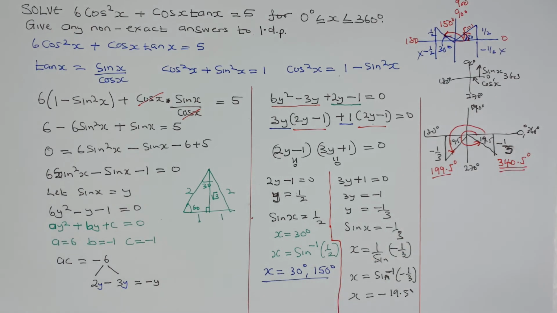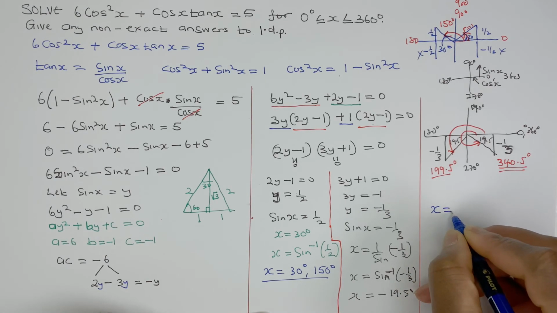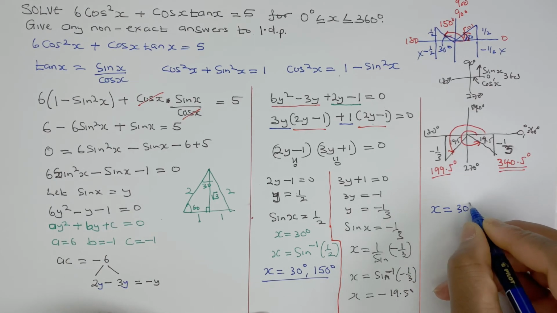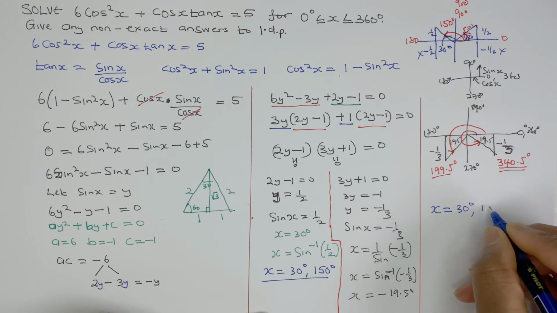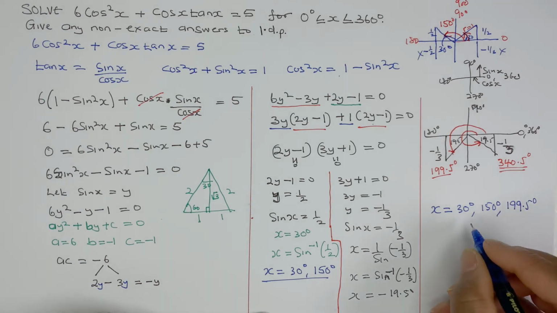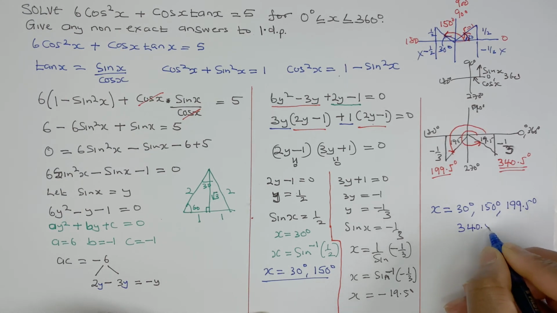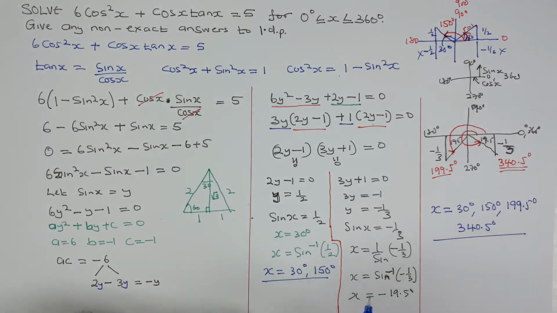So the answers to the question are: first, x equals 30 degrees, then 150 degrees, then 199.5 degrees, and finally 340.5 degrees. Those are the answers.